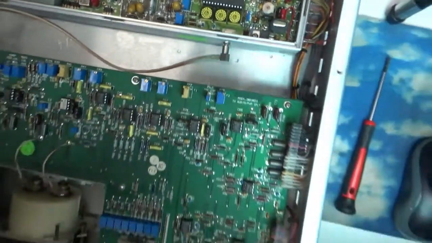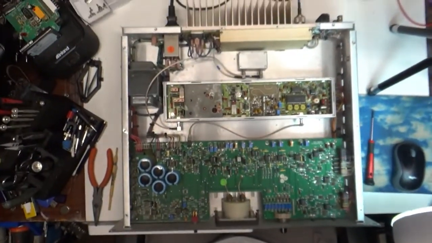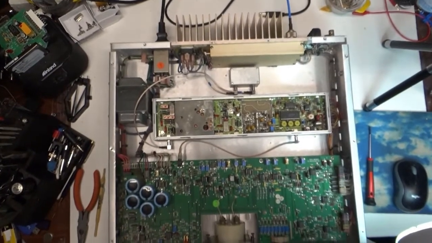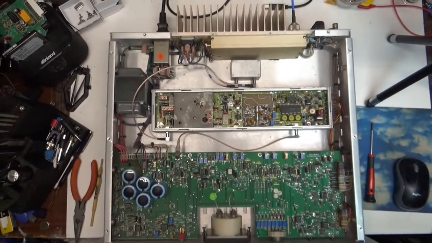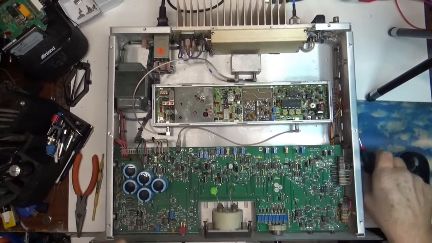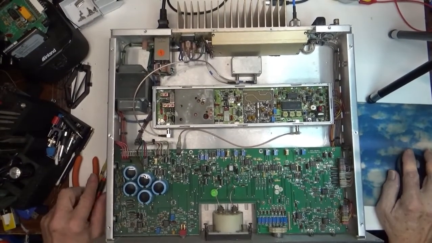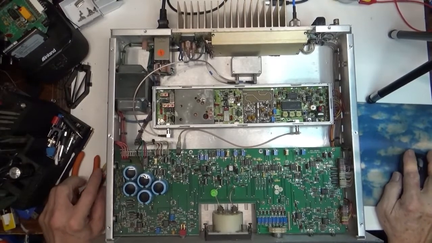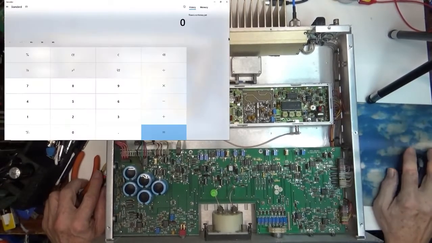So let's go back up here and take a look at how this thing works.